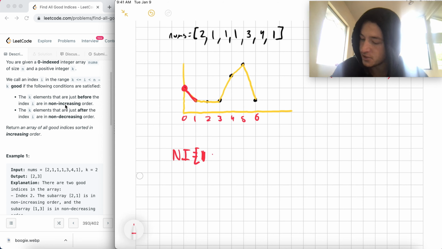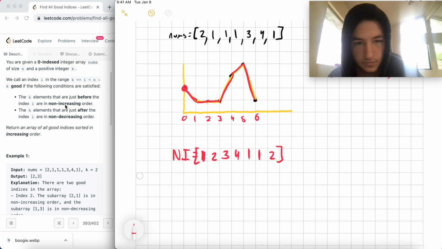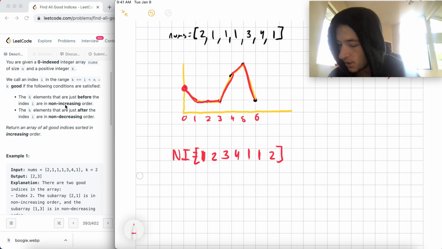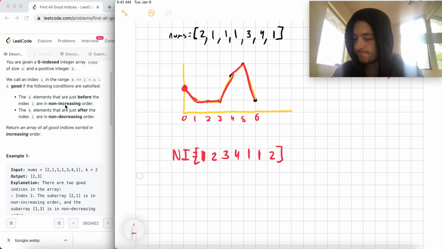This is not increasing, so we have 2, not increasing, so 3, not increasing, so 4, increasing, so 1, increasing, so 1, decreasing, so 2. All right, now let me make sure that makes sense. 2 to 1, not increasing. 1 to 1 non-increasing, 1 to 1 non-increasing, 1 to 3 increasing. Okay.